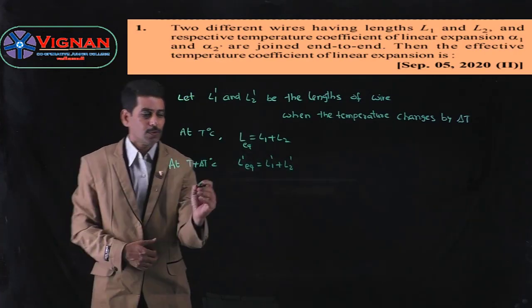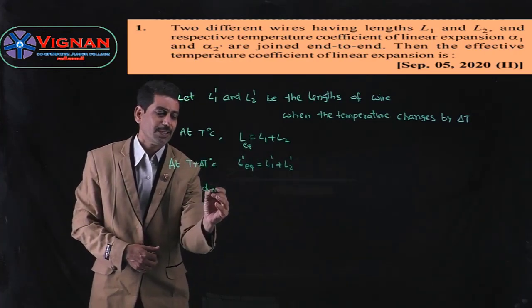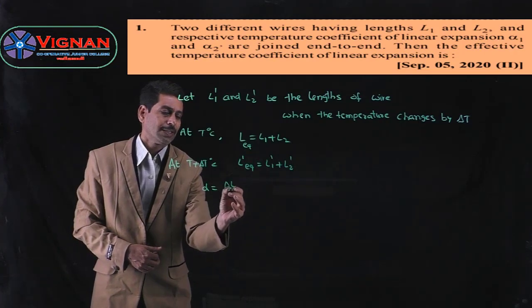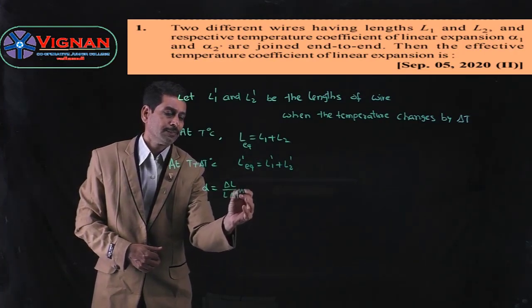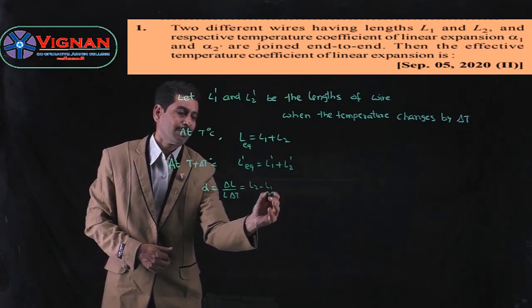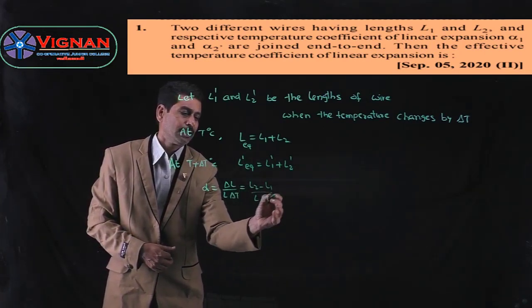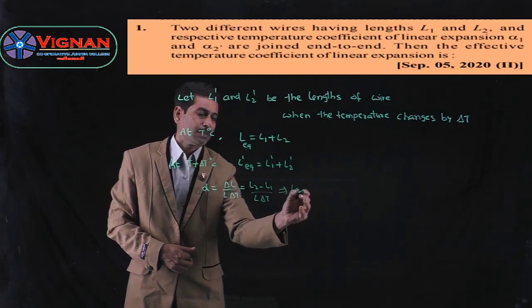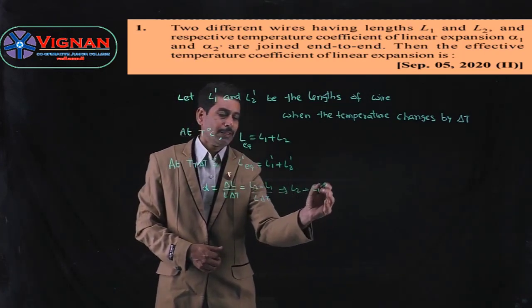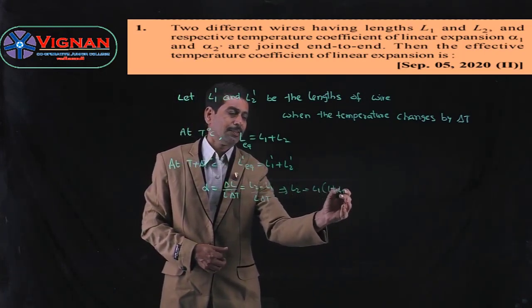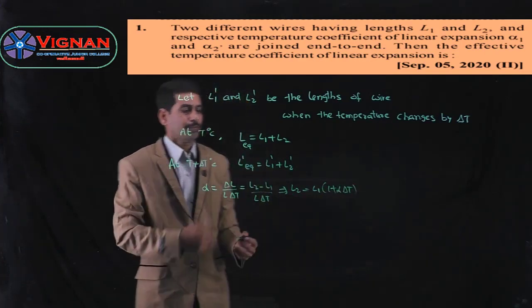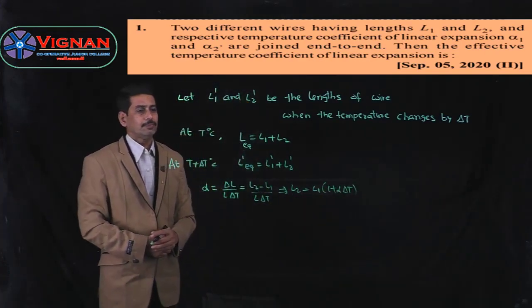And we know the coefficient of linear expansion is given by alpha is equal to delta L by L into delta T. This is nothing but L2 minus L1 by L into delta T. So from this we get L2 is equal to L1 into 1 plus alpha delta T. This is the formula for the final length.